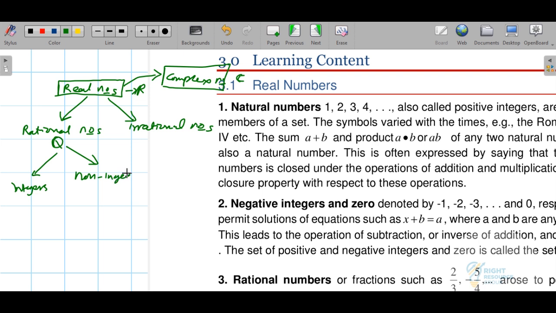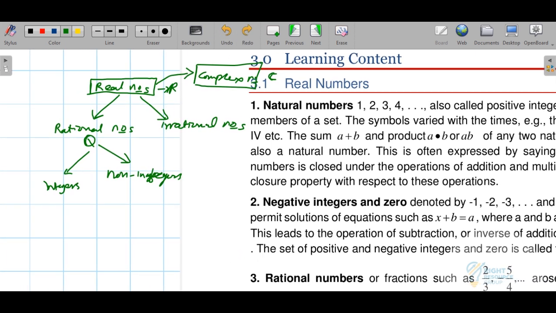And then under integers again, we have negative and positive integers.